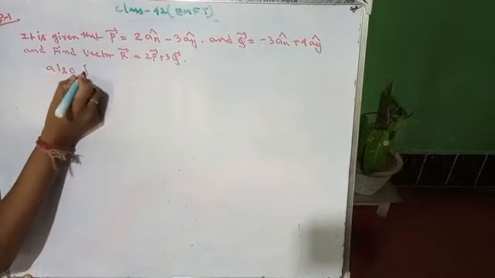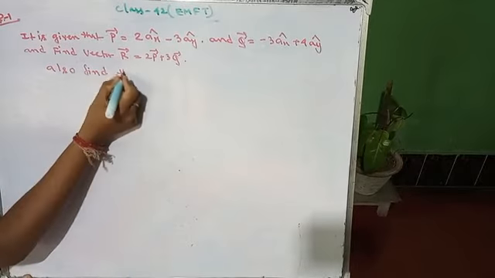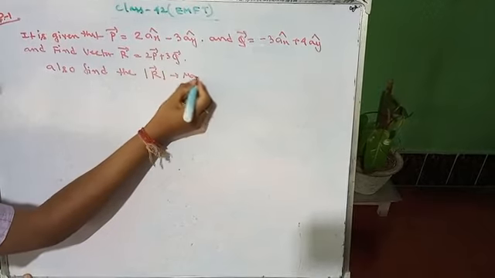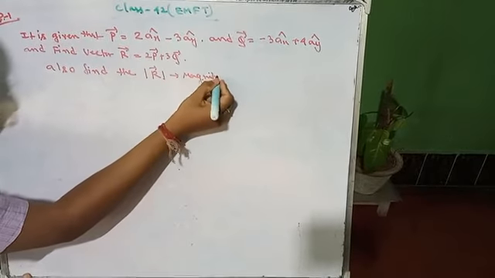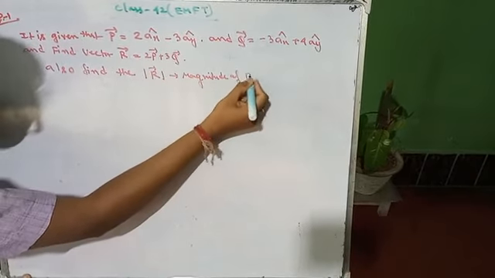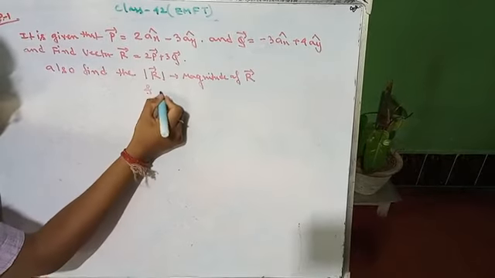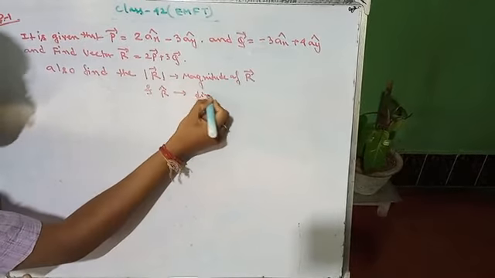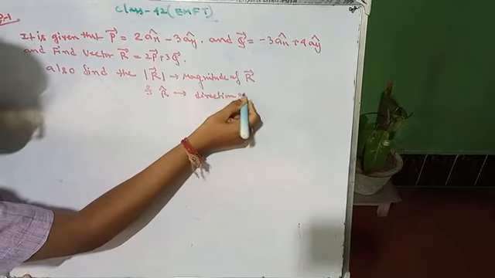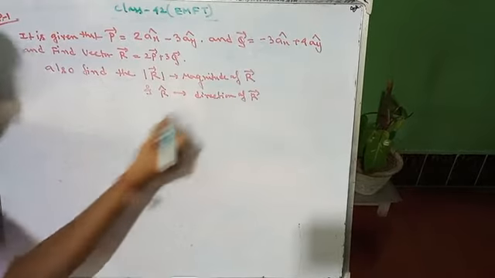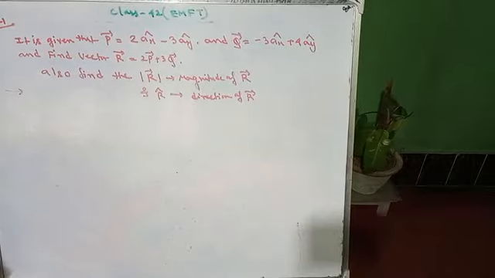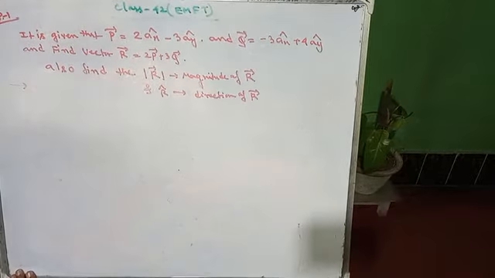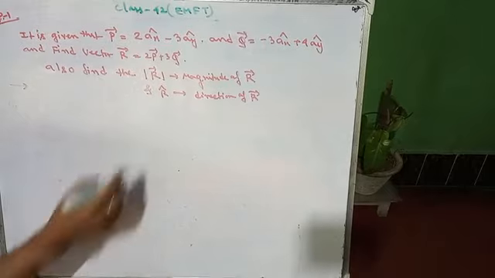Also find the magnitude of R, and also find the direction of R. That means the direction of R is the unit vector along R. Sometimes this type of question may be asked, that also find the unit vector.